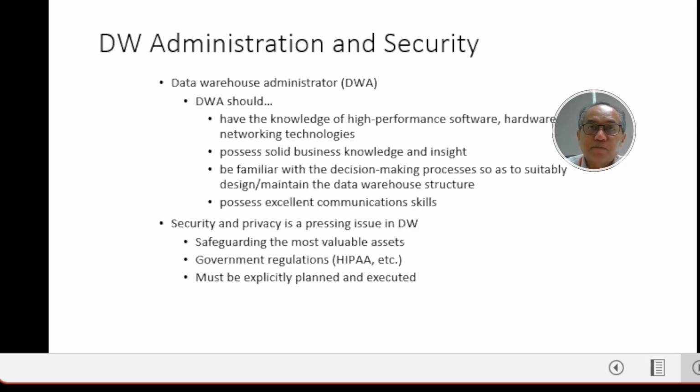And how you break even, how you order economically, and so on. And in terms of security, data is the most valuable asset, so you need to safeguard the data and comply with government regulations.